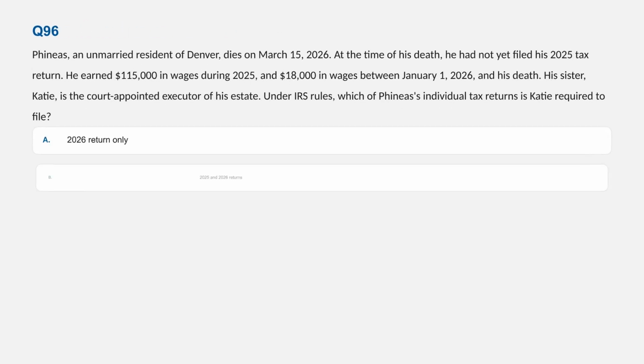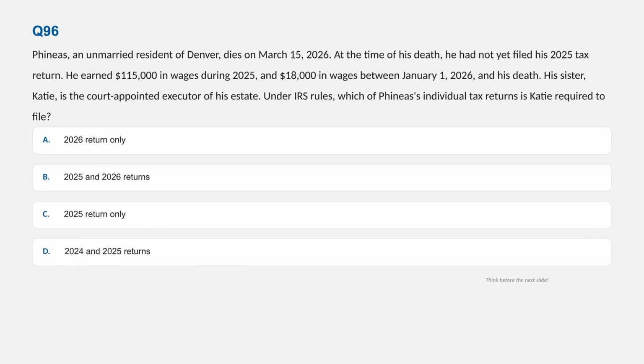Question 96. Phineas, an unmarried resident of Denver, dies on March 15, 2026. At the time of his death, he had not yet filed his 2025 tax return. He earned $115,000 in wages during 2025 and $18,000 in wages between January 1st, 2026 and his death.